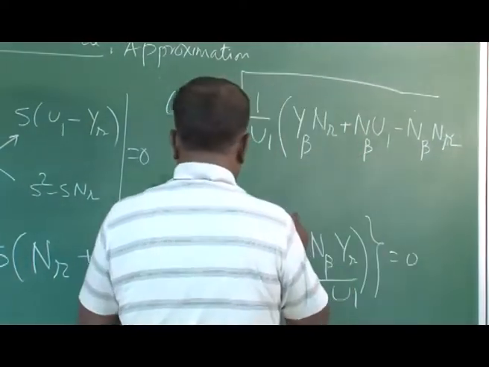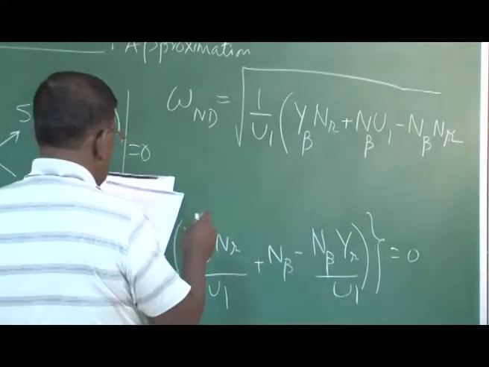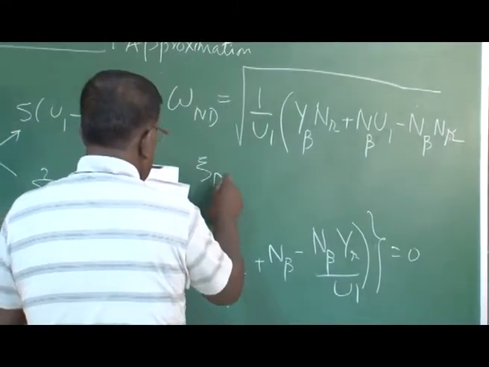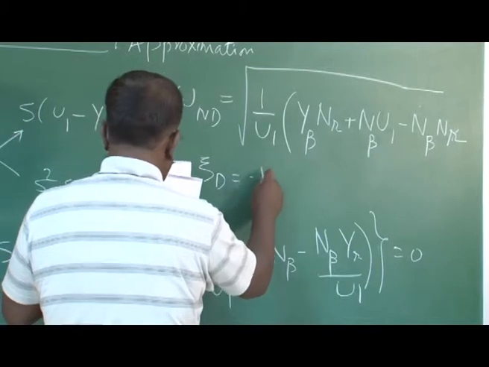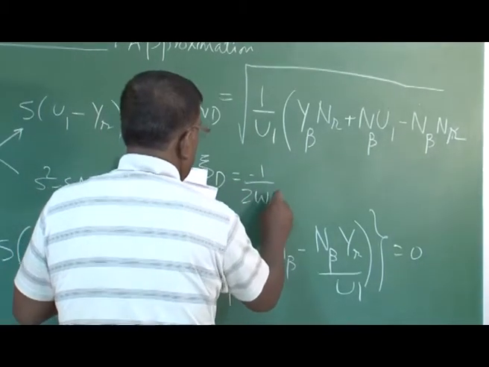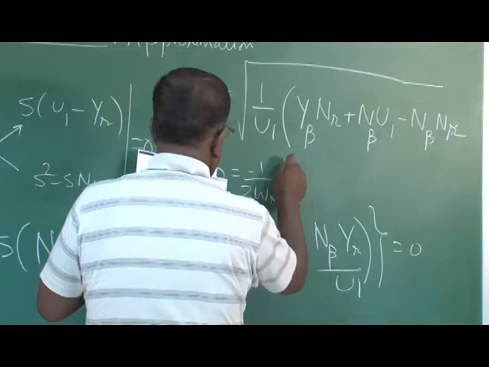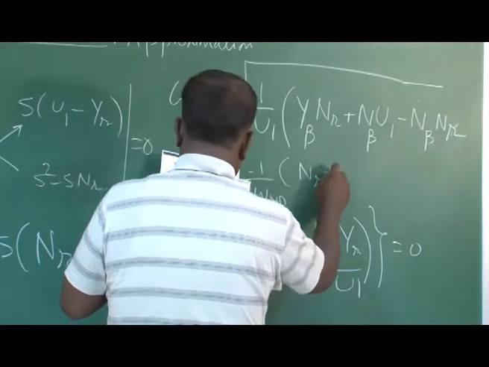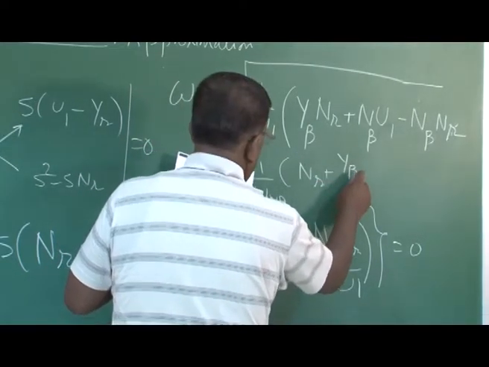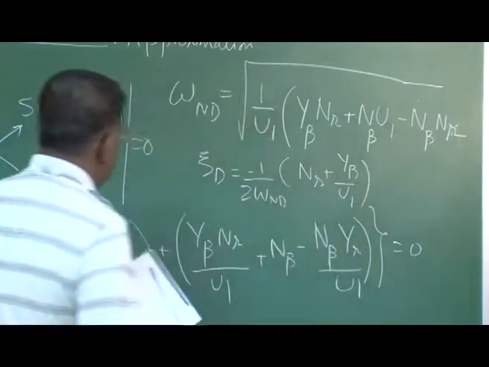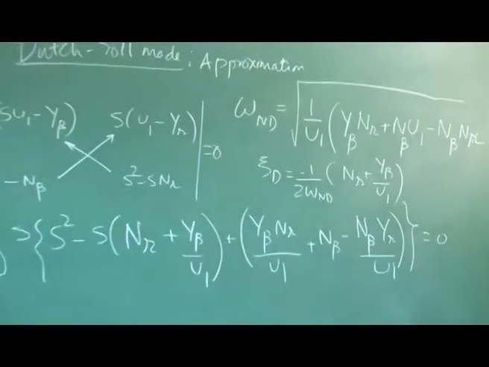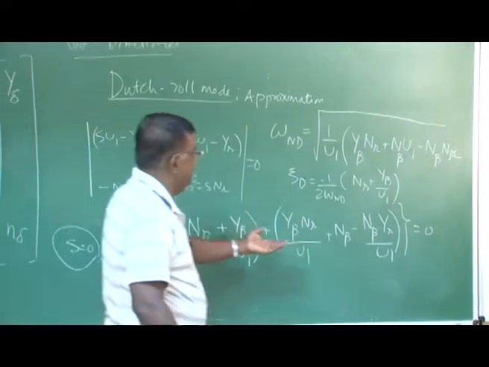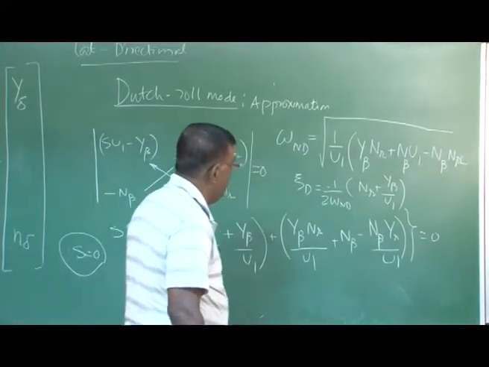Right. And zeta Dutch roll as minus 1 by 2 omega nd into NR plus Y beta by U1. This you can directly find out from here because this is nothing but your omega n square.